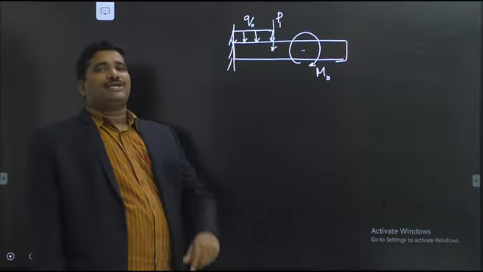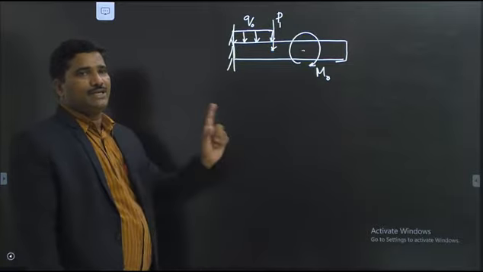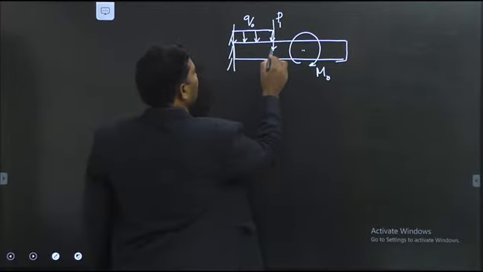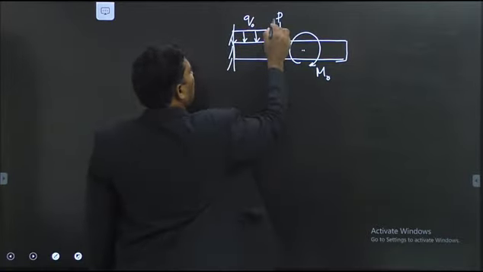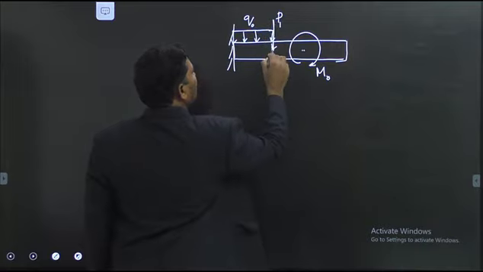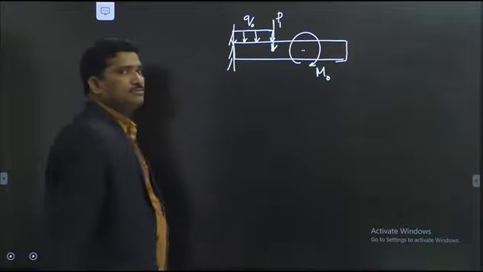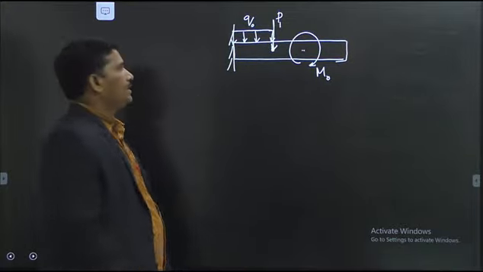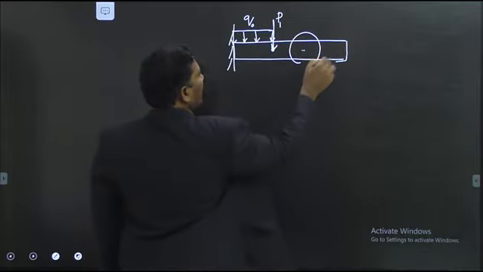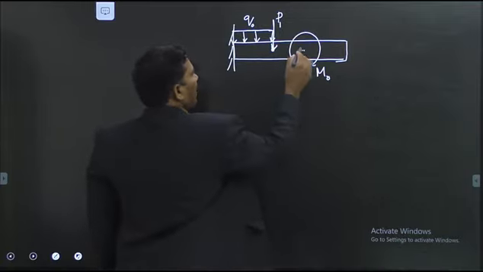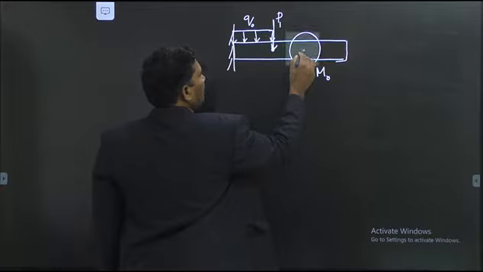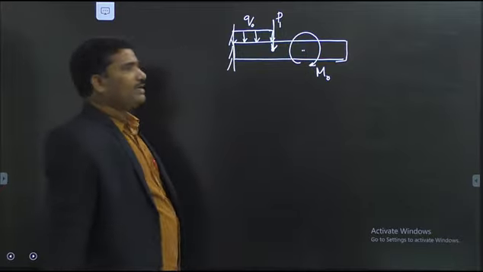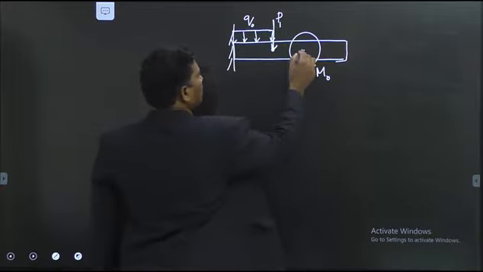Now, how many nodes can you consider here? Firstly, because this is the point where the concentrated force is acting, we can have a node here. Because this is the couple acting about an axis passing through this point, we can have a node here.